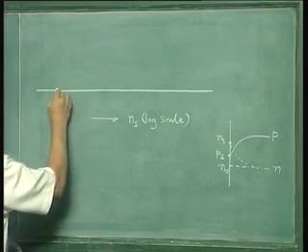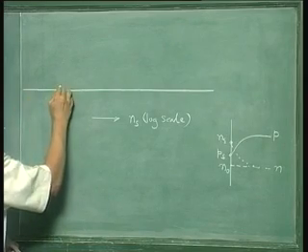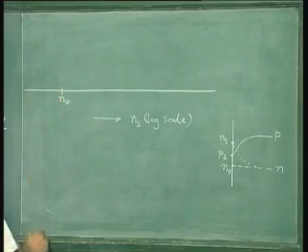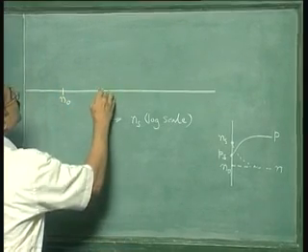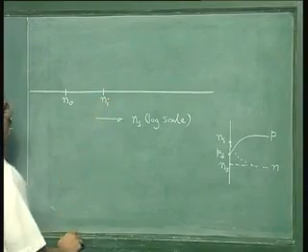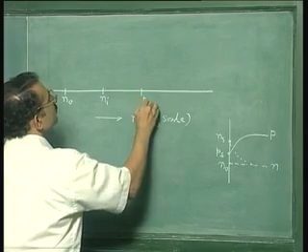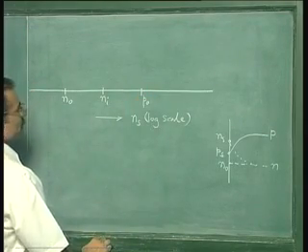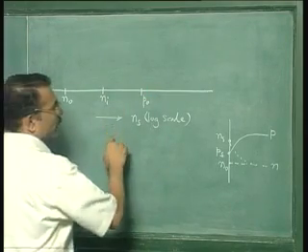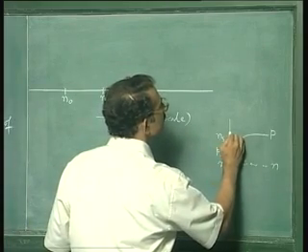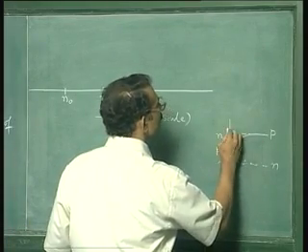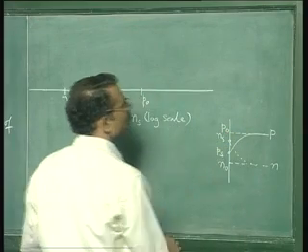Now, suppose this is N naught, this is Ni and this is P naught. Okay, so P naught is this bulk concentration of holes.